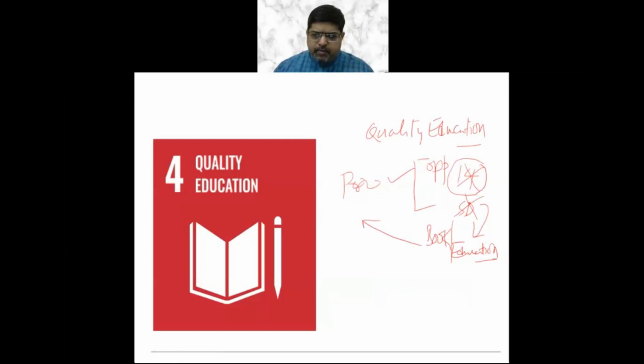There are n number of opportunities for people, but for ensuring quality education, we need to have good institutions. So institutional collaboration is the responsibility of the government. By the end of 2030, we are aiming to achieve the overall target of quality education. Quality education does not consist of just the availability of schools or good higher institutions.